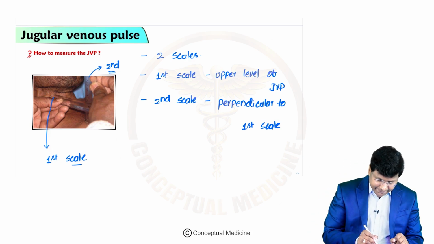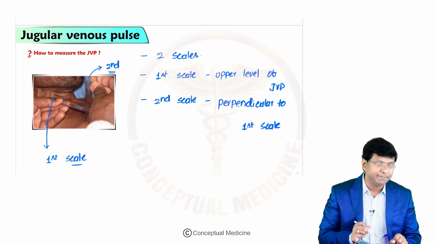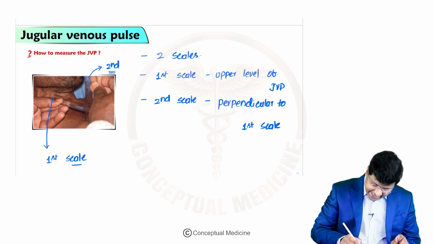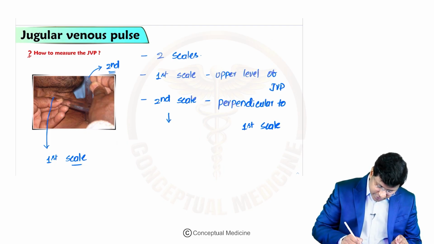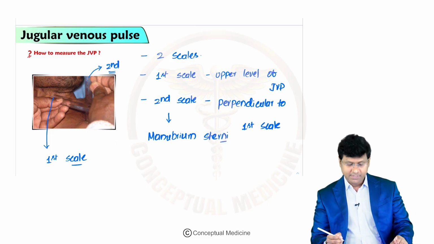The first scale at the upper level should be parallel to the chest. The second scale should be perpendicular to the first scale, and exactly that has to be placed over the manubrium sterni, which is nothing but the angle of Louis.